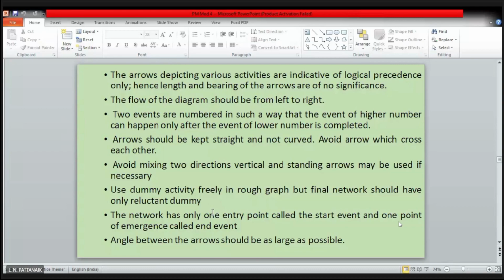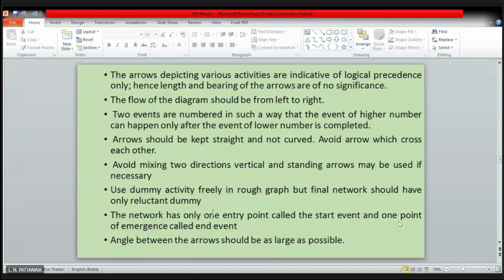It's not permitted. So mixing of two directions is not permitted. All the arrows should look like they move from left towards the right. हो सकता है exactly horizontal ना हो, थोड़ा सा incline हो सकता है, but it should look like moving towards the right.